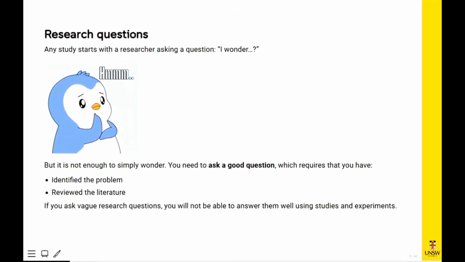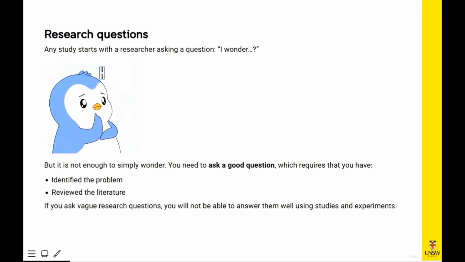Any study really starts with a research question. I wonder if mental health problems exacerbate juvenile delinquency. I wonder if this new drug is better than that new drug, something like that. But it's not simply enough to have that sort of wondering type of question to guide your research process. You really need to ask a good question, and that requires that you've really identified the problem and reviewed the literature.